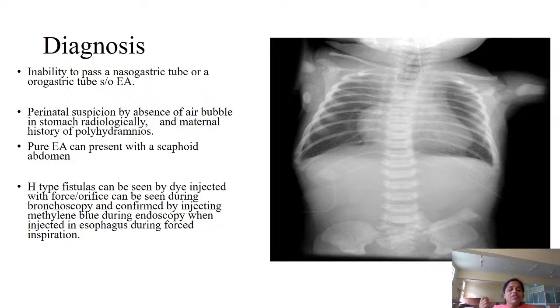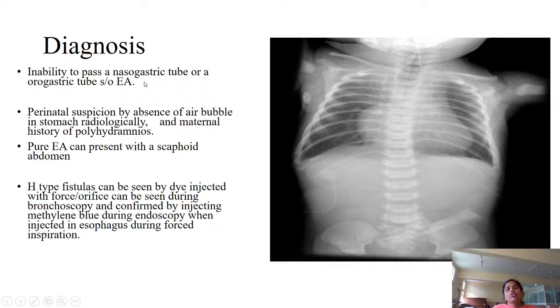Whenever we pass an NG tube via the choana or an orogastric tube, the tube doesn't pass into the esophagus. Obviously there is an atresia, so it coils back. As you can see in the X-ray, they have put in an NG tube, but it is coiling back and going above again. So it doesn't reach the stomach. Inability to pass a nasogastric tube or an orogastric tube is suggestive of esophageal atresia.